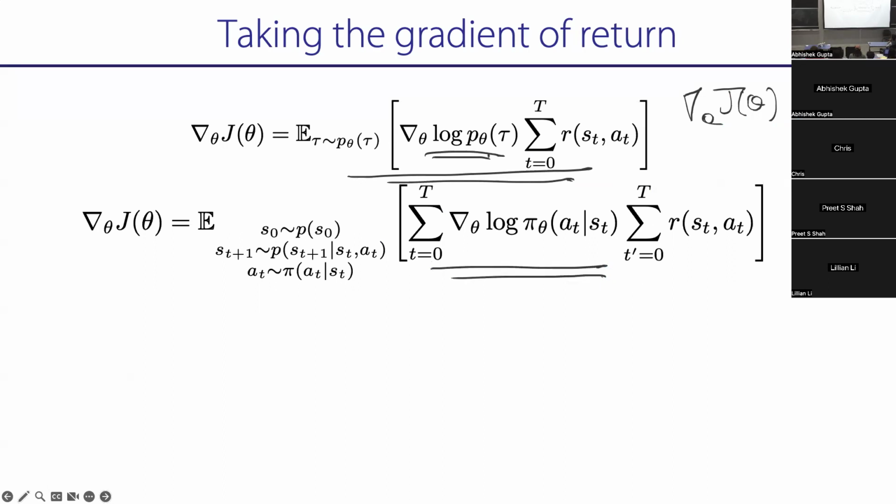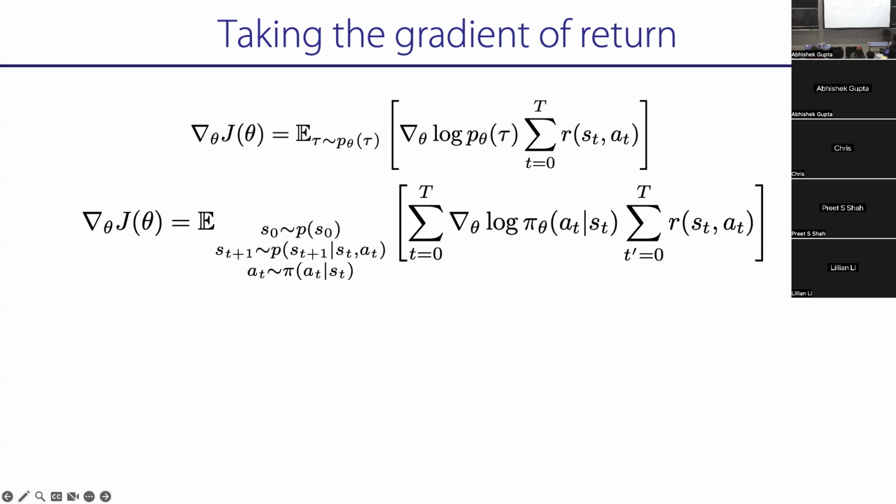We just plug that in. And now we have something which is fully grounded in terms of states and actions. So the gradient of your objective, to your question here, is that you take trajectories sampled from your environment, and then you compute this gradient by taking the sum of grad log pi, multiplying it by your sum of rewards, and that's going to be your overall gradient to move your parameters.